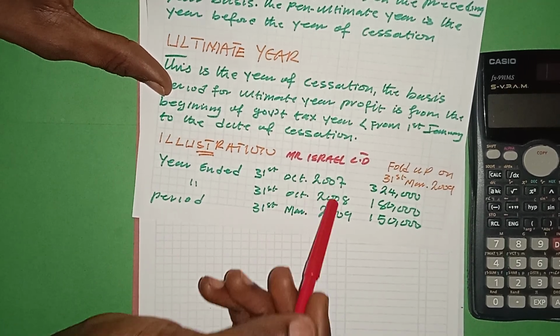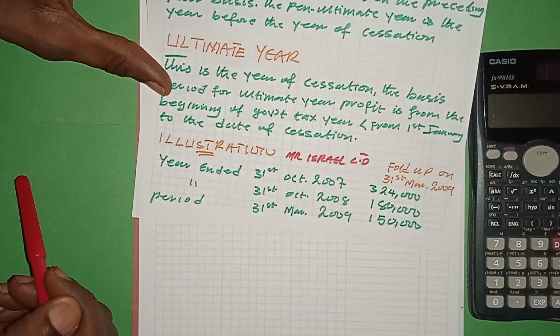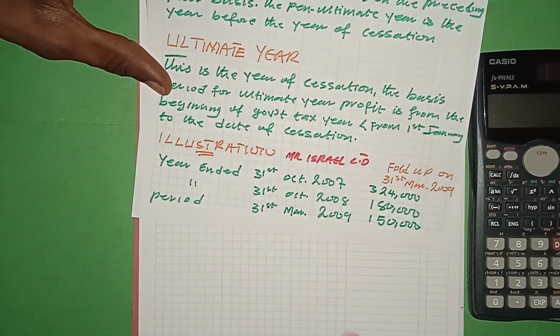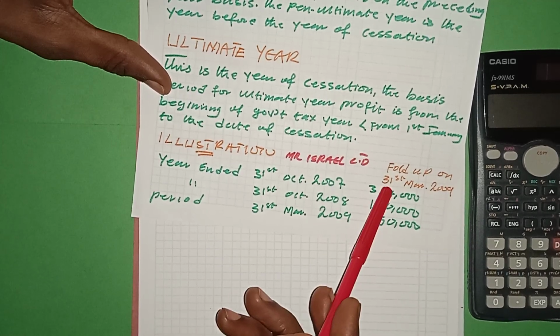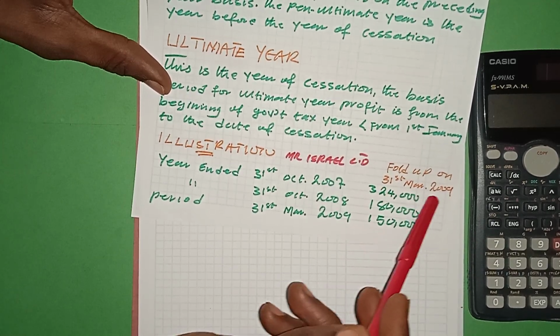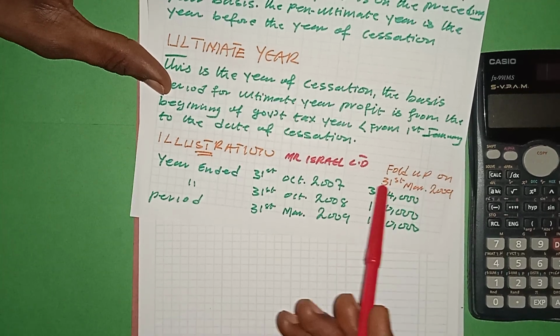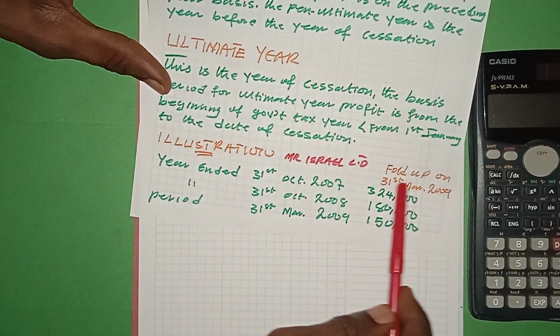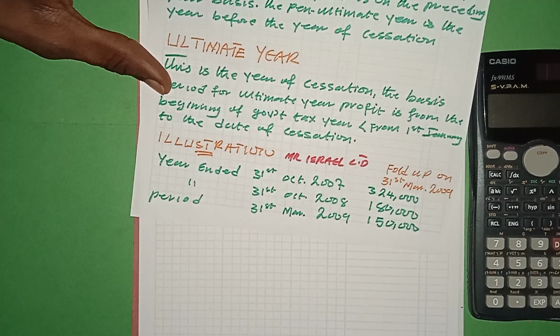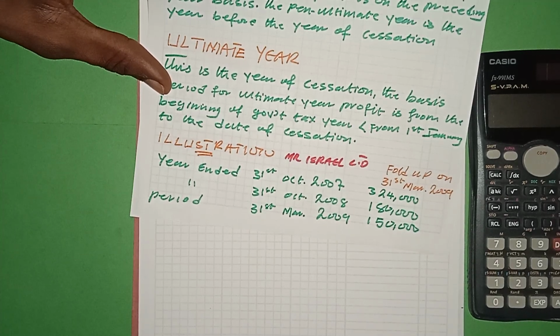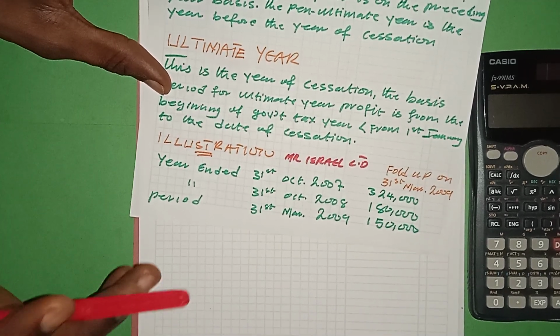Continuously, 27, 28, 29. Then they now told us that the business folded up, ceased, on what? 31st March 2009. This is the year at which the business folded up, 31st March 2009. You understand?